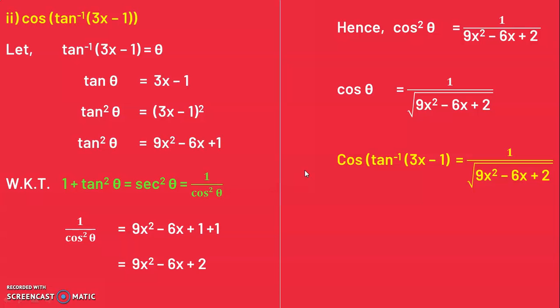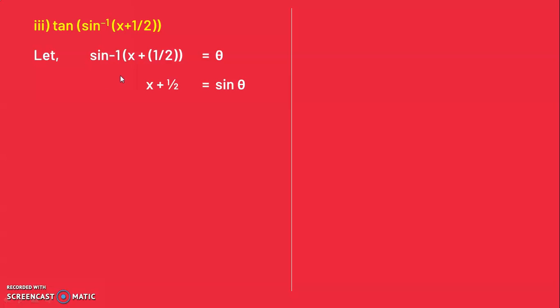Okay, so that's all about the second subdivision, and let's move on to the third subdivision: tan of sine inverse of (x plus 1) by 2. Now let sine inverse of (x plus 1) by 2 be theta. So sine inverse of (x plus 1) by 2 is equal to theta, let's assume. Now what is the sine theta value here?